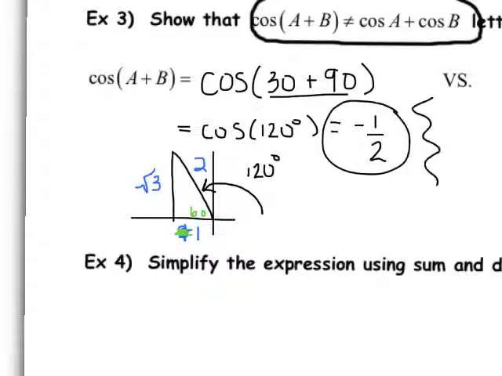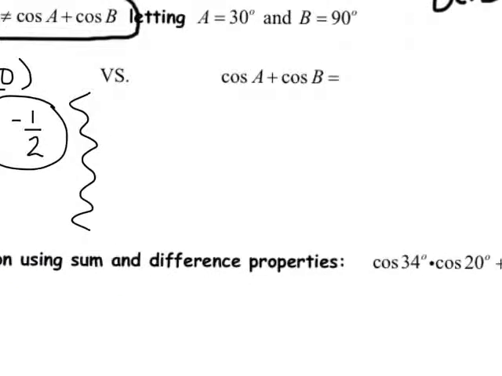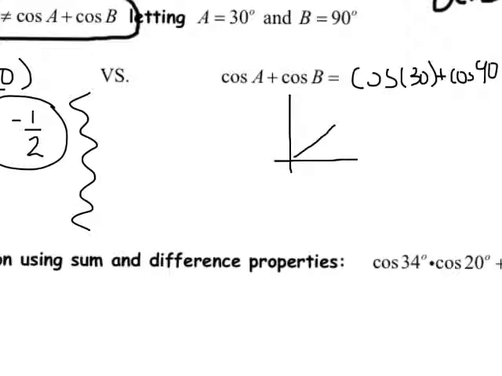So again, what I'm trying to do is compare that to cosine of A plus cosine of B. So remember that A is 30 and B is 90, so I'm going to evaluate cosine of 30 plus cosine of 90. And I'm trying to show that it is not going to be equal to this negative 1/2. Well, cosine of 30 degrees is equal to root 3 over 2.